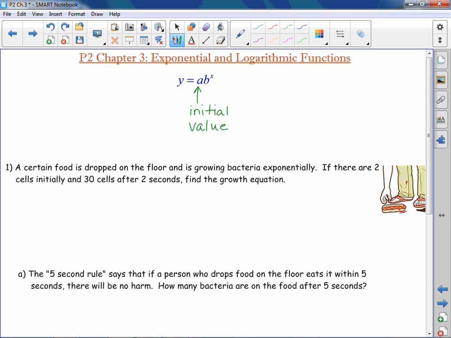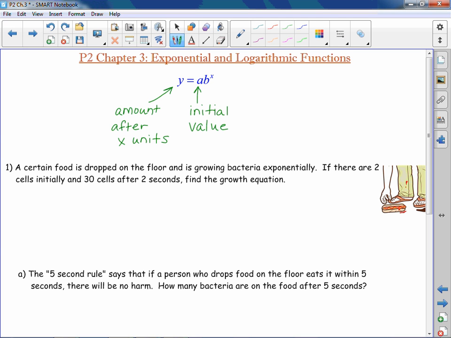The y is the amount after x units. X meaning the x that is the exponent. So maybe it's time. Oftentimes it's time.